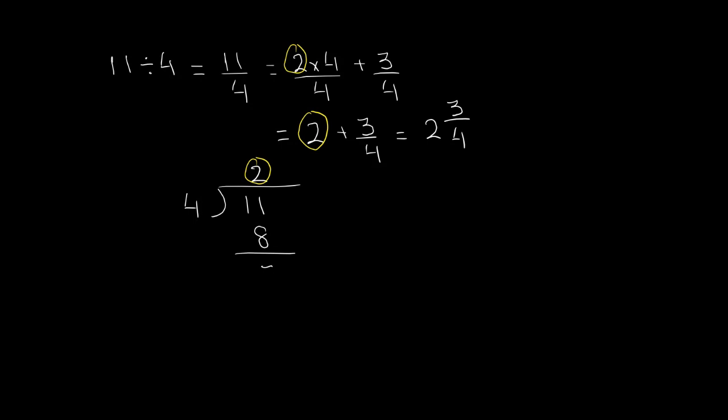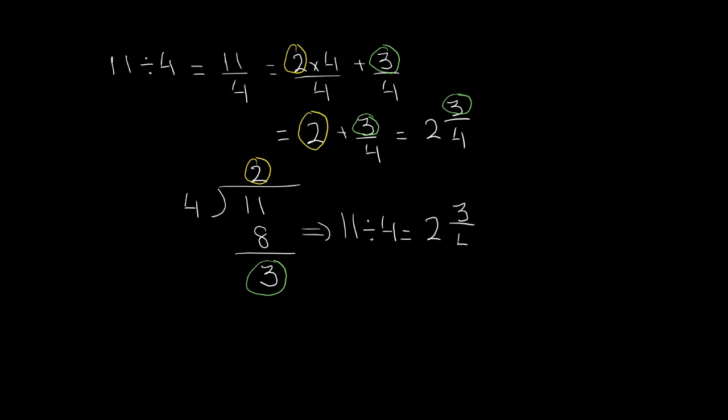You're going to be left with 3, and this is exactly this 3 and this 3 and this 3. They're all the same. So then the total answer has to be equal to, so this implies that 11 divided by 4 can be written as 2 whole and 3/4, right?